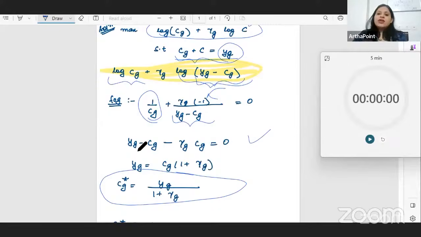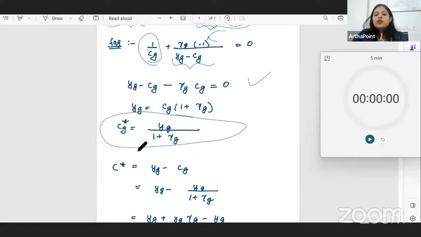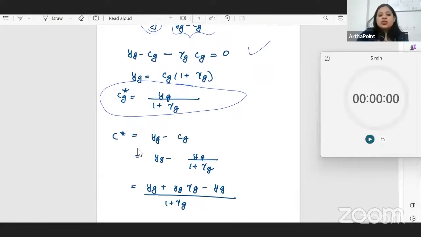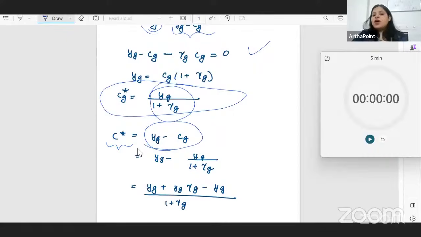We have just tried to maximize the utility subject to the budget constraint. Now, the question is asking about the public good consumption. So what is optimal public good consumption? What is capital C star? It will be income minus private good consumption. Optimal private good consumption, I have just found out.